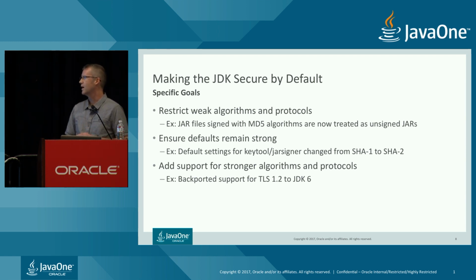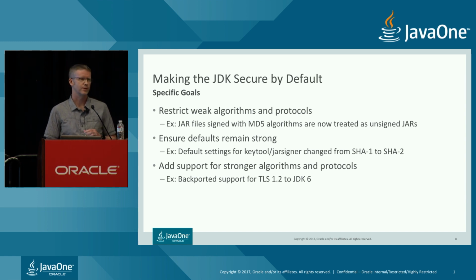And then finally, the third goal is to add support for stronger algorithms and protocols. We try to ensure that every single security operation or function has at least one strong choice or alternative in the JDK. And again, the history of a JDK support release can span many years.